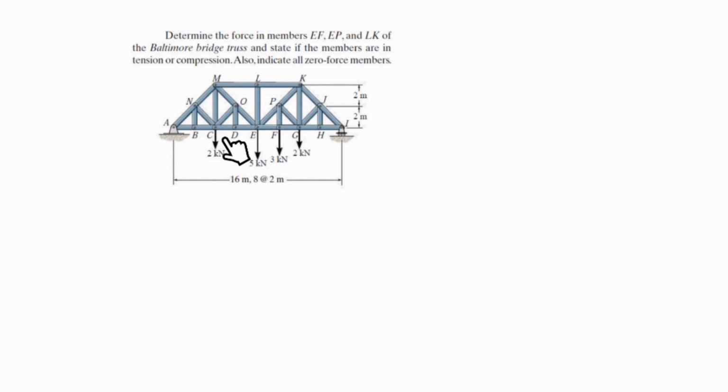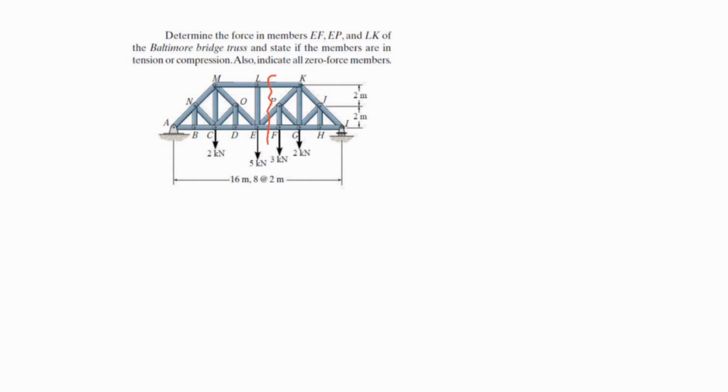Let's consider the unknowns here. One of them is here, the other one is here, the other one is here, meaning that we can do a cut like this through them and find three unknowns.